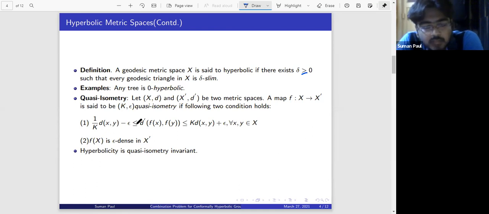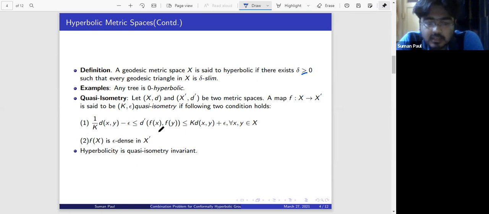So what it does is that the distance between 2 points after applying f does not get elongated too much or shrink too much. It is elongated by a factor of K, or it is shrunk by a factor of K. This is essentially the first condition, and the second condition says that the image of X is epsilon dense.